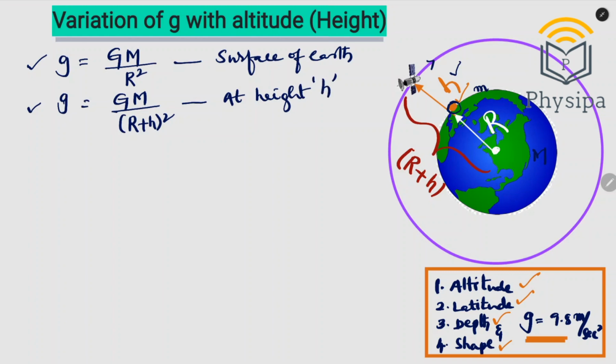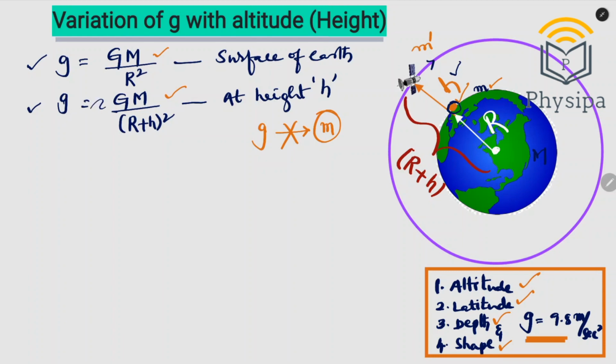Here we can clearly observe that the acceleration due to gravity g does not depend on the mass of the object. Let us say small m is the mass of the object on the surface of earth and m dash be the mass of the satellite. In expressions 1 and 2 we do not observe any mass term related to the object or satellite.